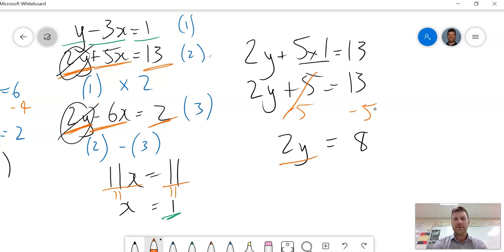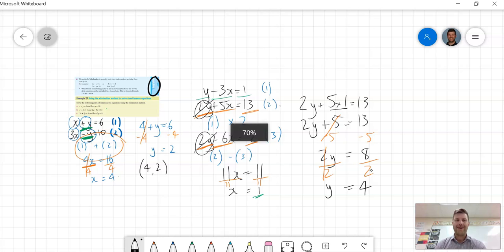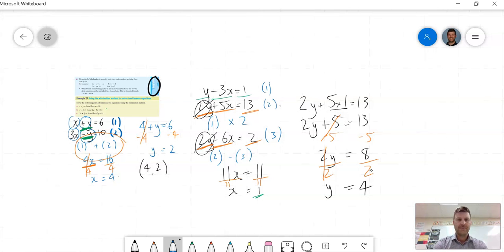Divide by 2 on both sides to remove the 2. Let's cancel it out on the left-hand side. I'm now left with y equals 8 divided by 2, which is 4. So my answer to this simultaneous equation is the set of coordinates 1, 4.